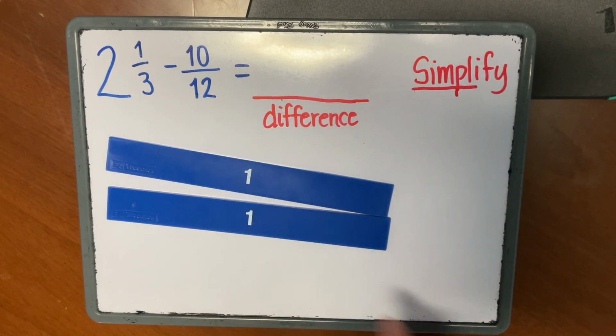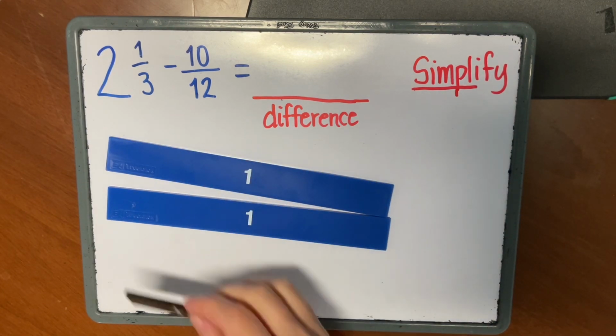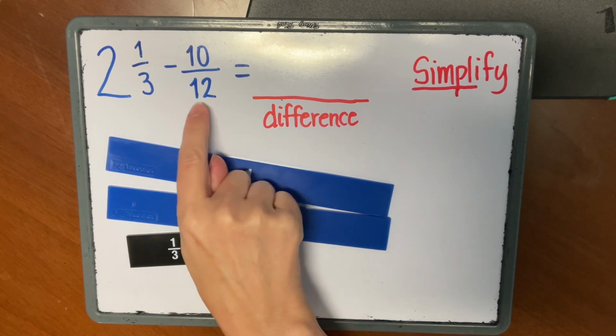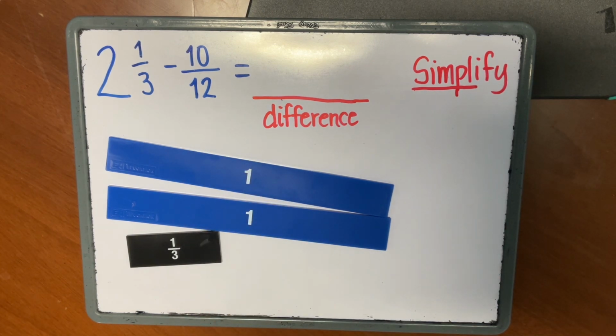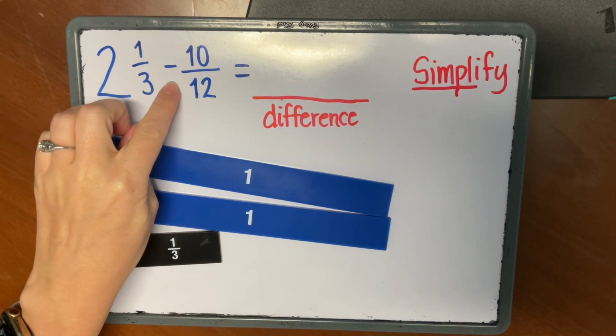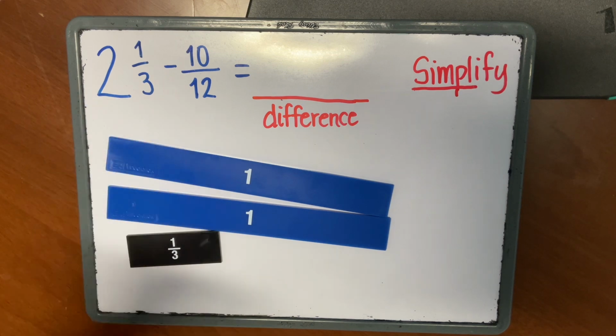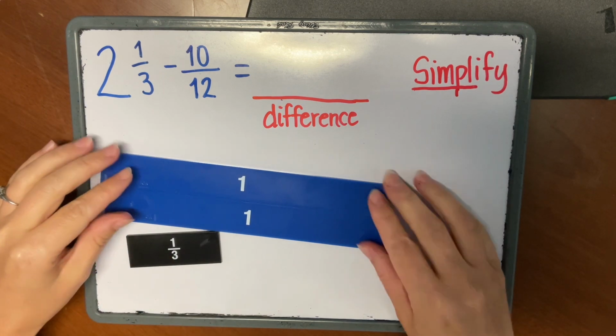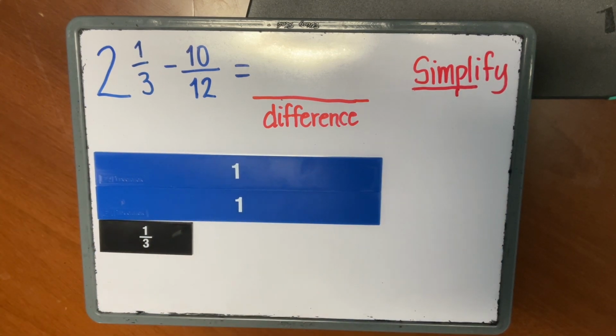I know I'm going to need some thirds, at least 1/3, maybe some more. And I know I'm going to need some 12ths. Notice we're doing subtraction, not addition. So what do you think you will do to have 2 and 1/3 and to be able to take away 10/12? How do I take away 10/12? Pause the video and give it a go.